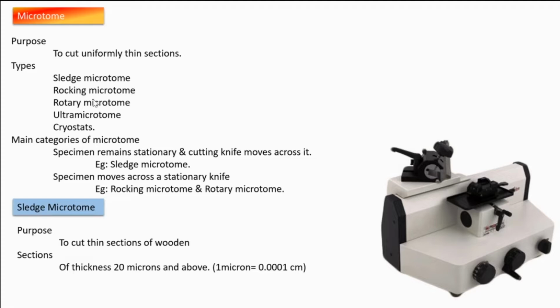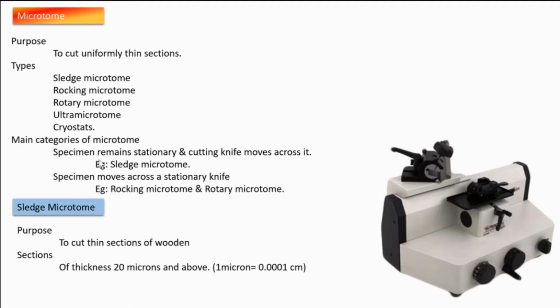And there are different types of microtomes: sledge microtome, rocking microtome, rotary microtome, ultra microtome, and cryostat. All these are different types of microtomes, and we can categorize them under two categories.